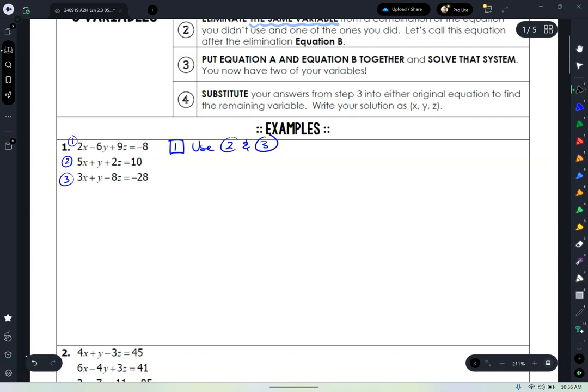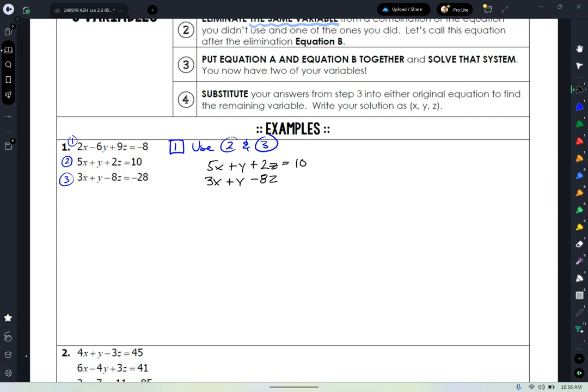And so we're going to rewrite those two equations right here. 5x plus y plus 2z, cross your z's, please, because that 2z will turn into 22 faster than you know it, equals 10. And then 3x plus y minus 8z is equal to -28.